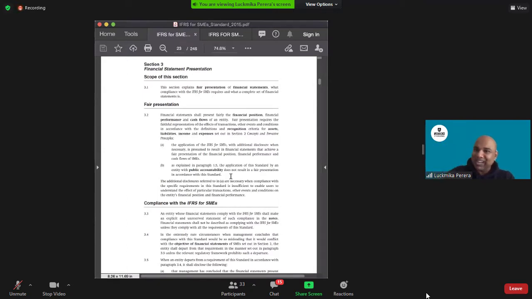That is the second financial statement. The last one, the cash flow statement, is the cash aspect, how the cash has moved within an organization.